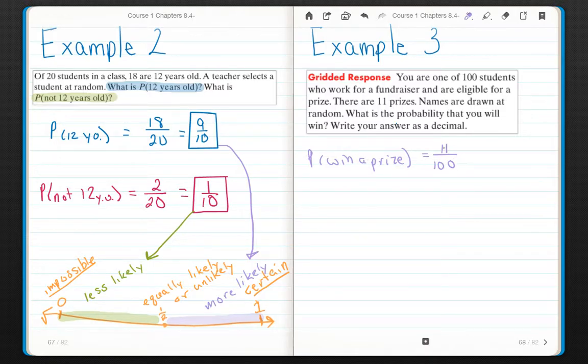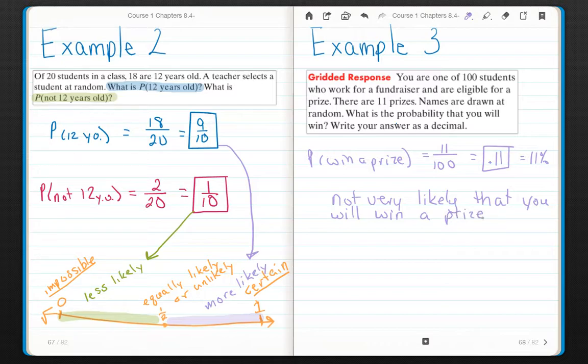So now that I have it written as a fraction, now we'll convert it to a decimal. Your chances of winning are 0.11, also known as 11%. 0.11, fairly close to 0, so it is not very likely that you will win a prize.